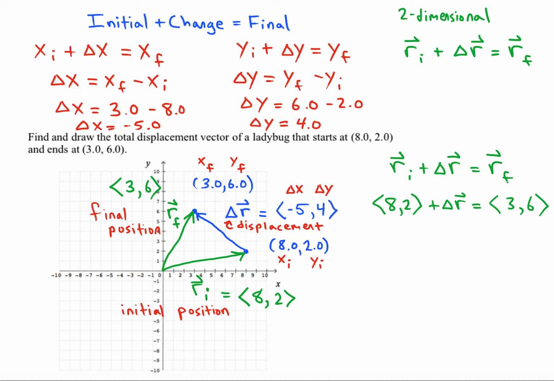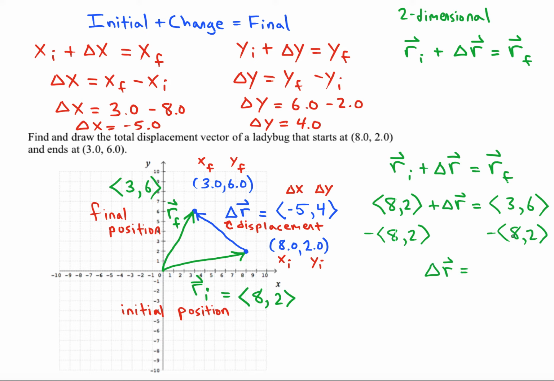Now, just like we would do with any algebra here, when we want to solve for the unknown variable, we subtract this from the left side, and we'll also subtract it from the right side. Now, I'm going to do more videos on this shortly, on how to subtract one vector from another. There are rules for it, but I'll give you the basics here. It shouldn't be too tricky to see what happens.